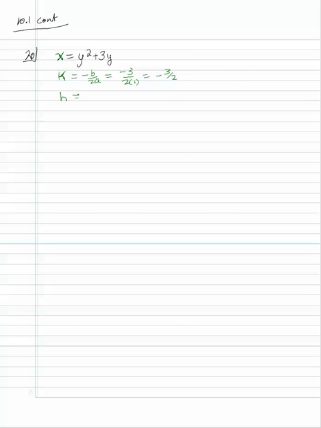So the idea is our vertex is still (h, k), but the k is the minus b over 2a because they're kind of switching. And then the h is, once you get the answer for k, you plug in negative 3 halves for all the y coordinates.